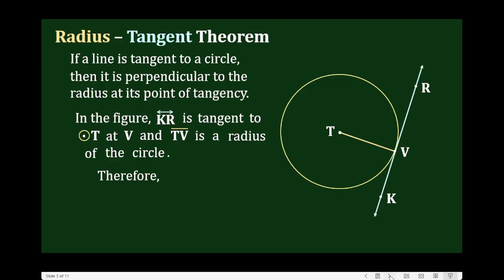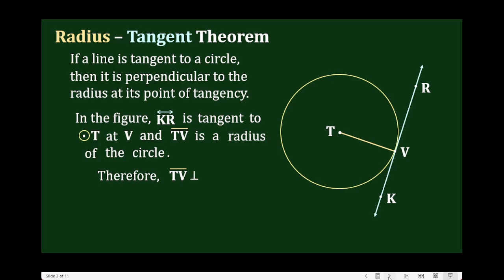Therefore, if we have a line tangent to a circle at this point of tangency, it means the radius intersecting the tangent at the point of tangency is perpendicular to this tangent line.